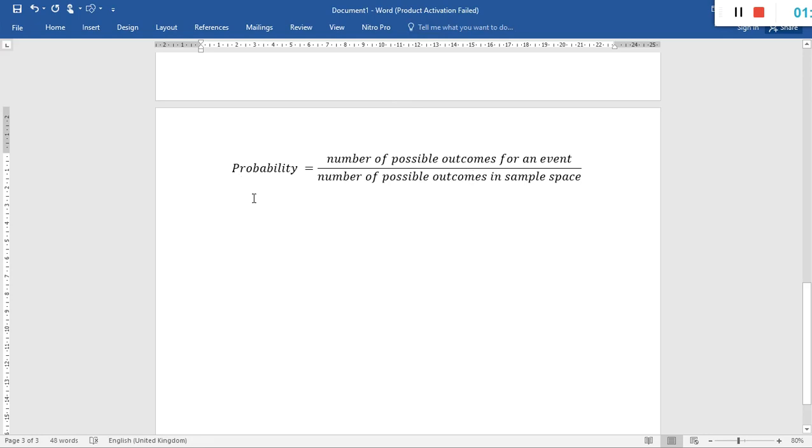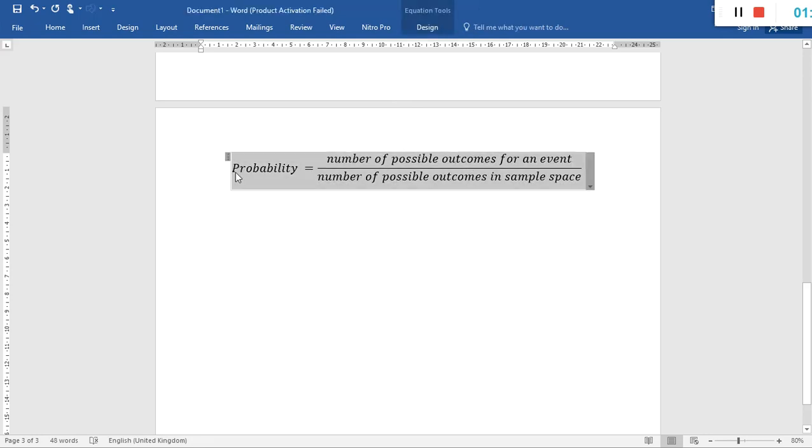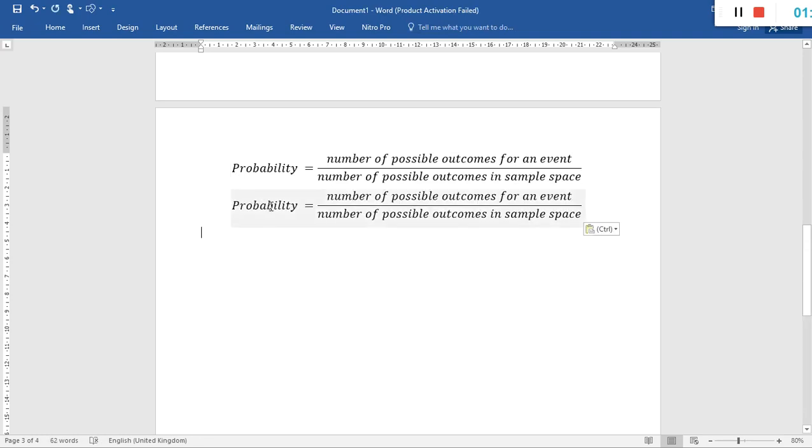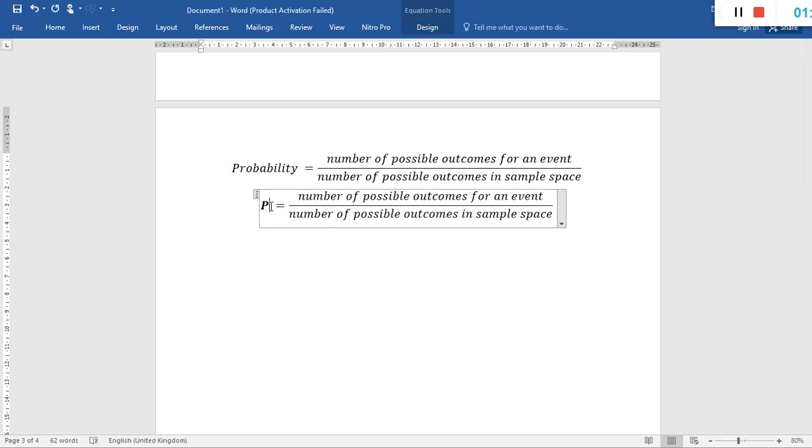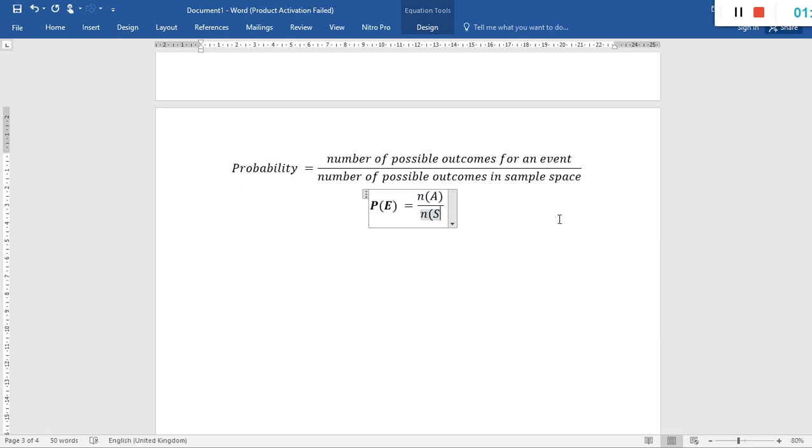I think I can put this in notation to make it easy to work with. So we can call this the probability of an event E occurring, and we just say here the number of possible outcomes for that event divided by the number of possible outcomes in that sample space.